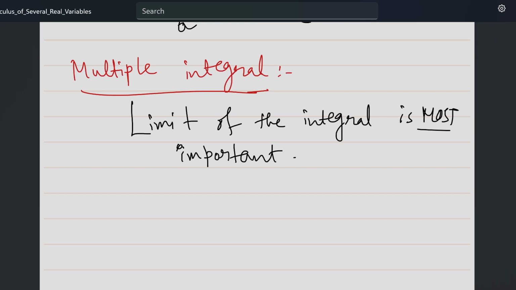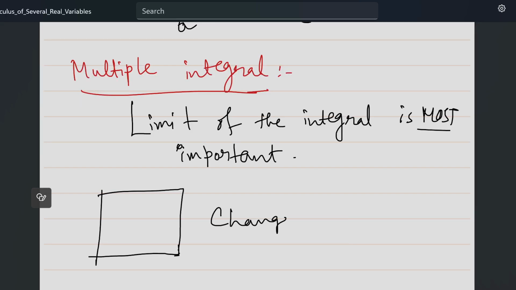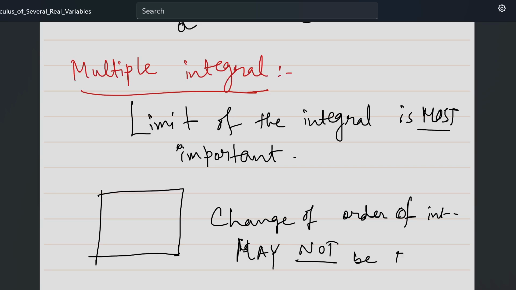As I told you, suppose the area where you have to do the integral is a square type of thing, then in most cases a change of order of integration may not be required.